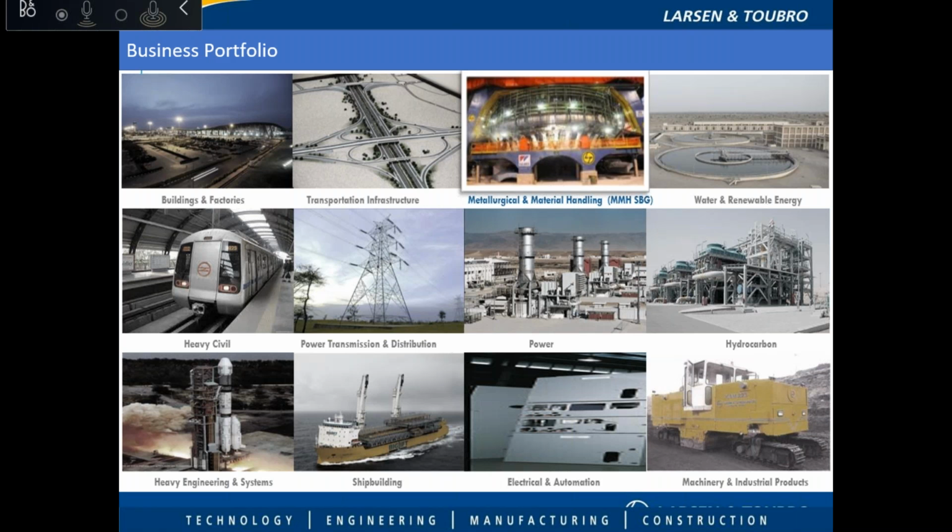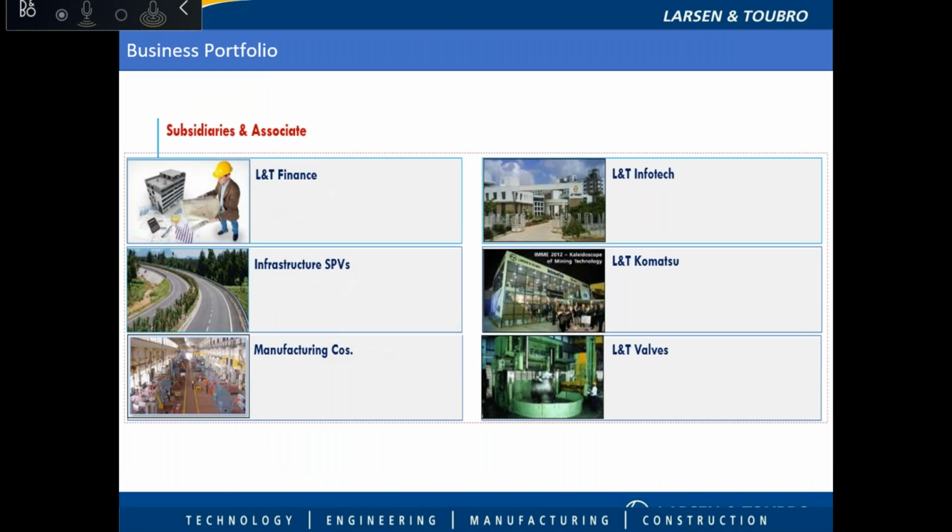Heavy civil makes metro rail stations and other metro rail projects. We also do PT&D, or power transmission and distribution, ICs, power plant, hydrocarbon and shipbuilding. Our subsidiaries and associated firms include L&T Finance, which provides financial services, L&T Infotech, which provides software services, L&T Valves, etc.